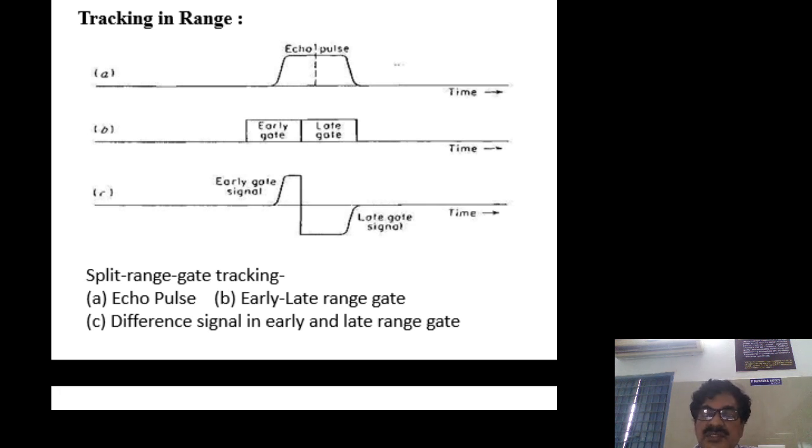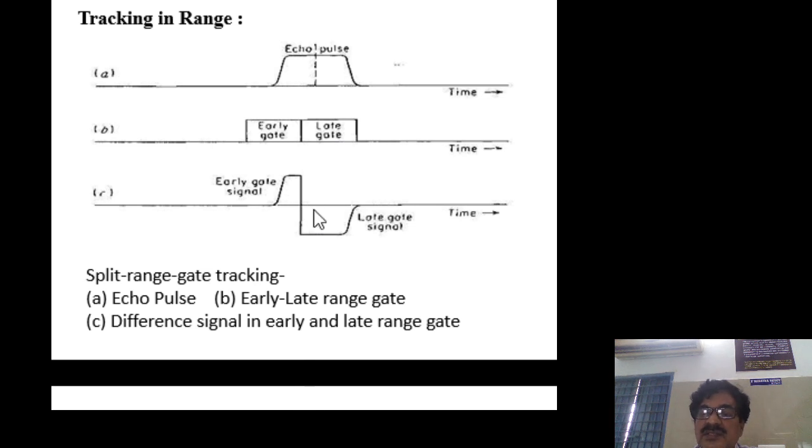If the subtracted output has some residue, it represents the error signal. That error signal is used not to change the position of the antenna here; the technique changes the timings of the early gate and late gate, their conduction periods, and tries to align the center of these gates with the center of the echo pulse.